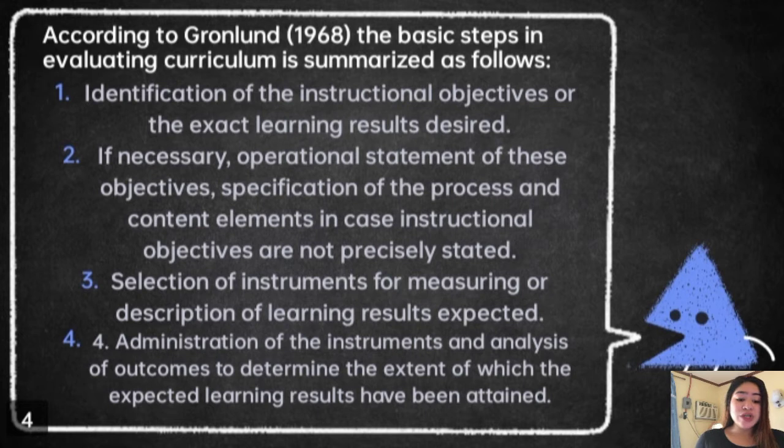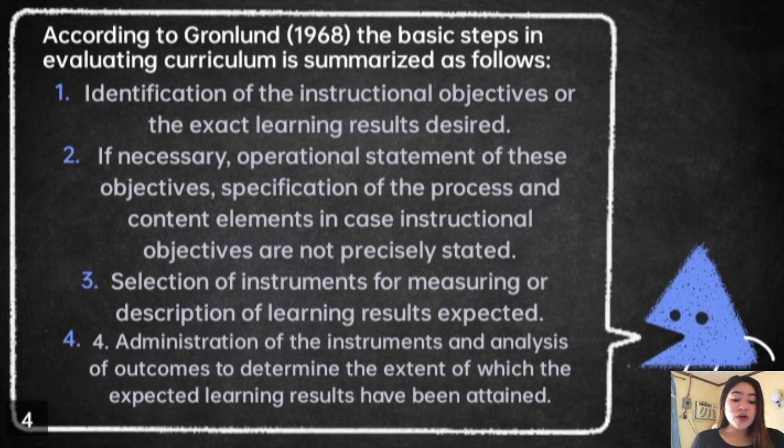The third is the selection of instruments for measuring or description of learning results expected. So for the third step, it is where all the materials and instruments to use on evaluating are used to see the results and outcomes.